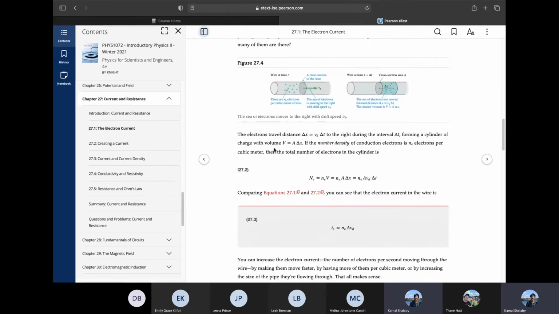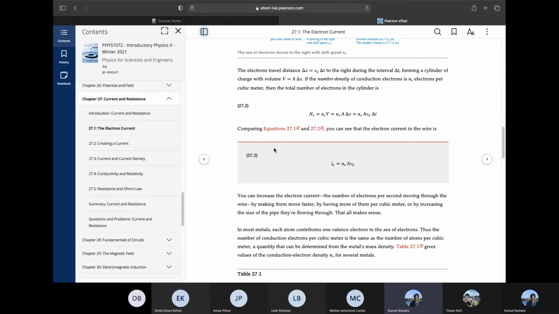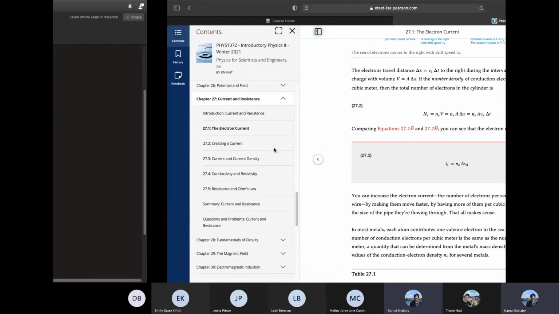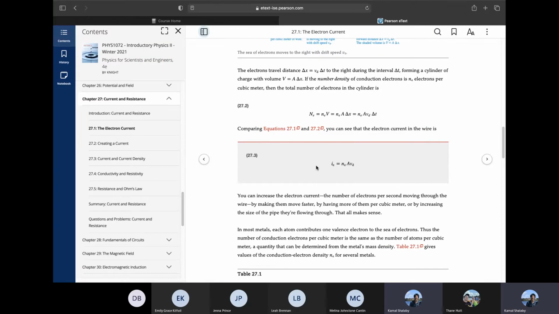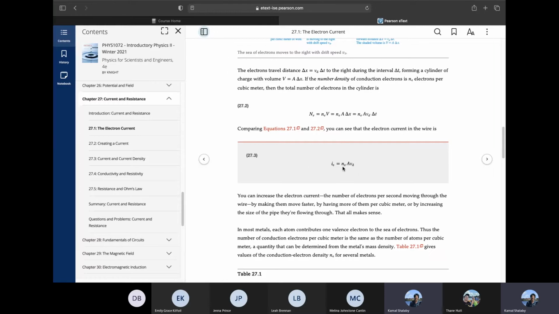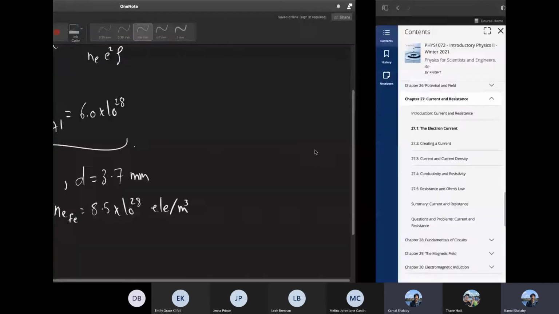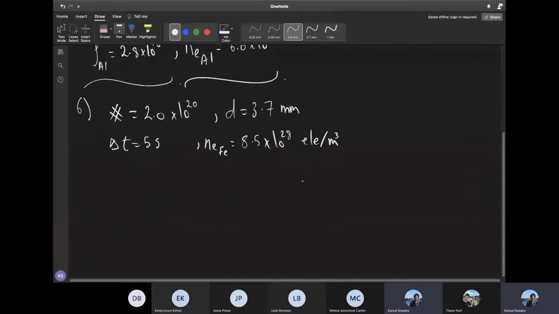Okay, does anyone know what to use? Okay, actually, let me write this. So we have this equation, which is the electron current is equal to the electron density multiplied by the area multiplied by the drift speed, which we need to find.